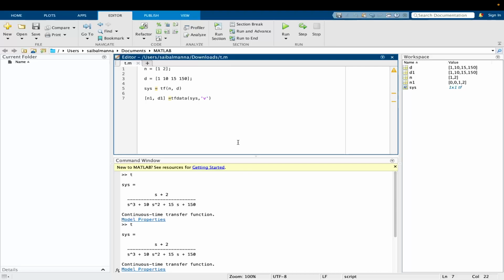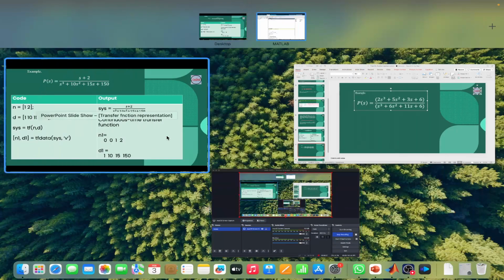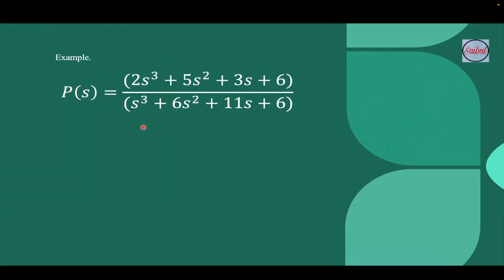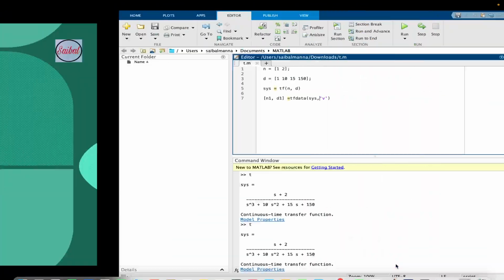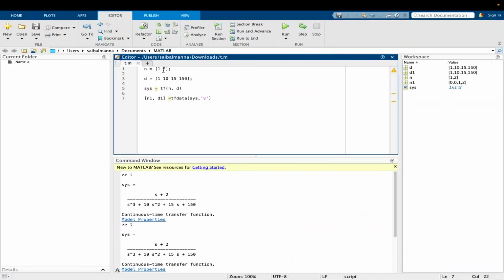Now we are taking our second example. We are taking this example, that is 2 s cube plus 5 s square plus 3 s plus 6 divided by s cube plus 6 s square plus 11 s plus 6. Okay, so here you just have to replace the numerator coefficients.